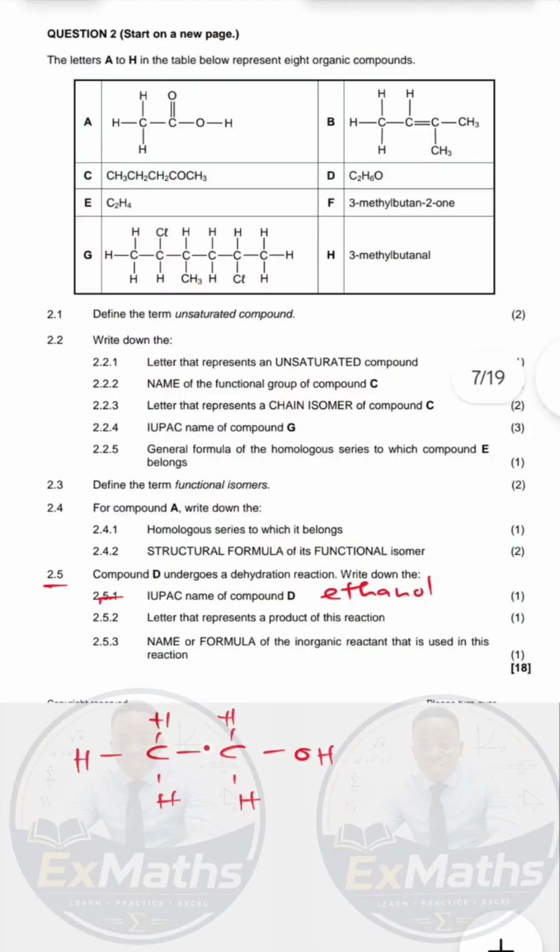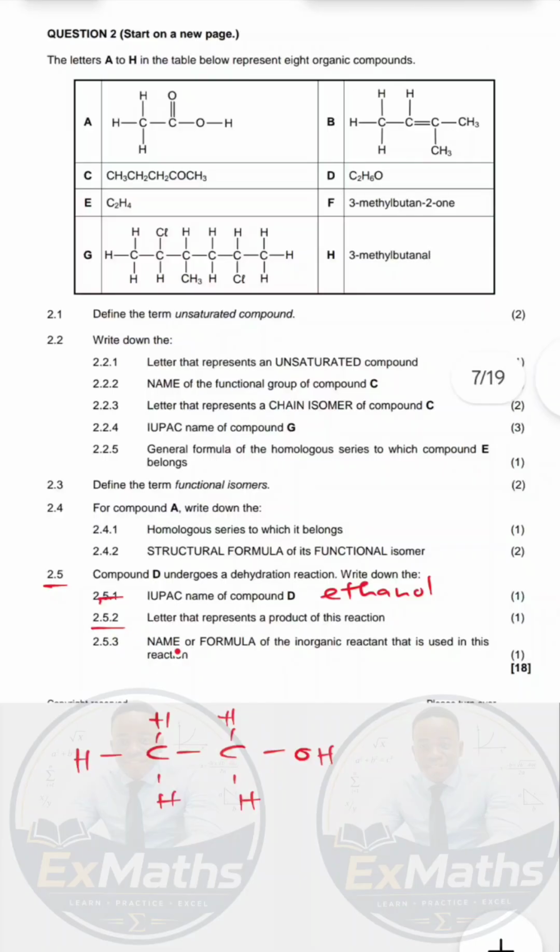In this case, the position of the functional group is not that important, because even when you put it here, it will be ethan-1-ol. Even when you place it on either of these 2 carbons, it will remain ethan-1-ol. So the position of the functional group is not important in this case. But from 3 carbons upwards, it's important to mention the position.